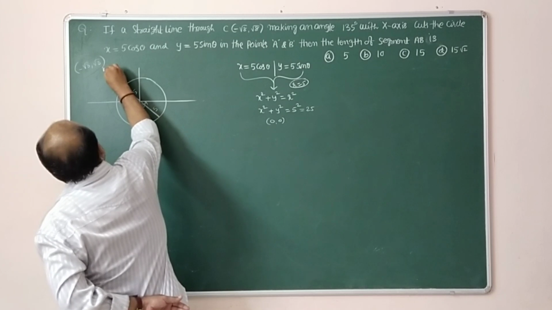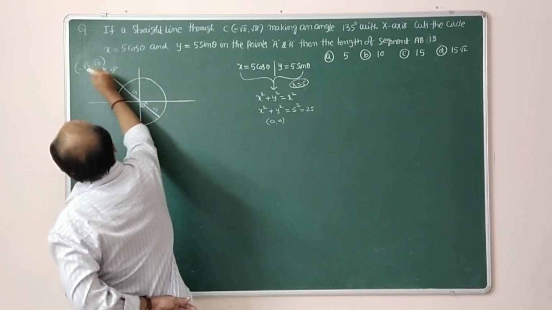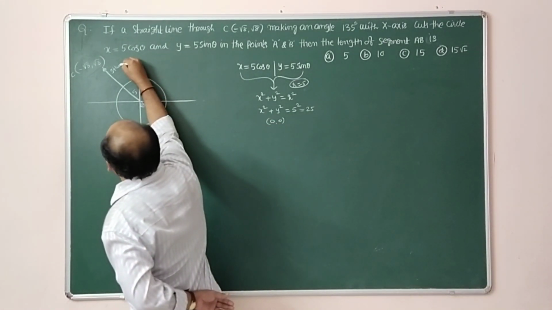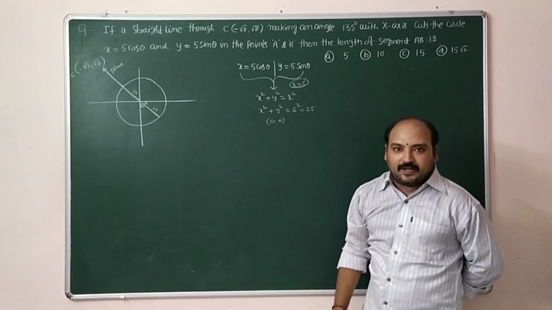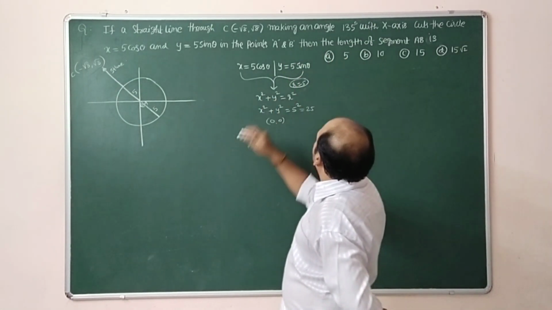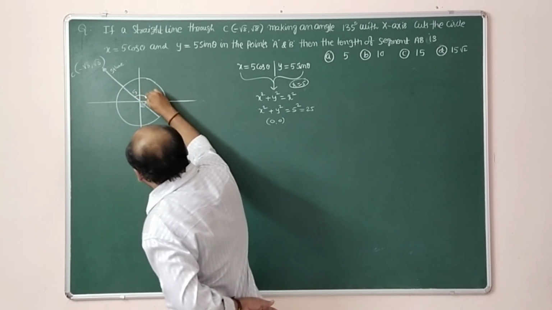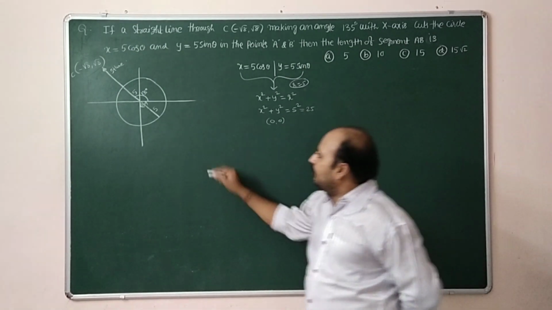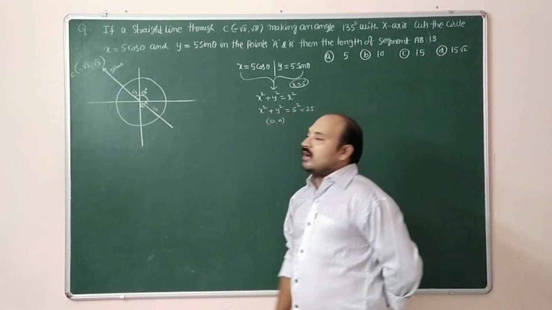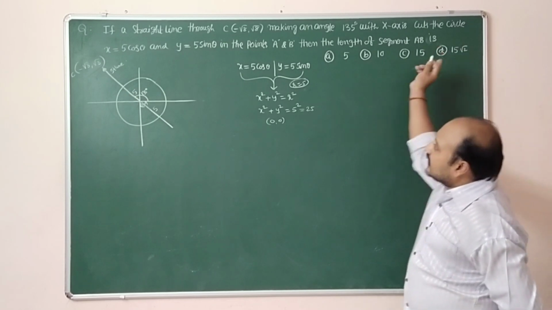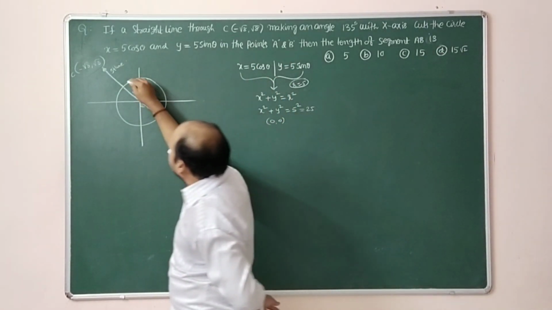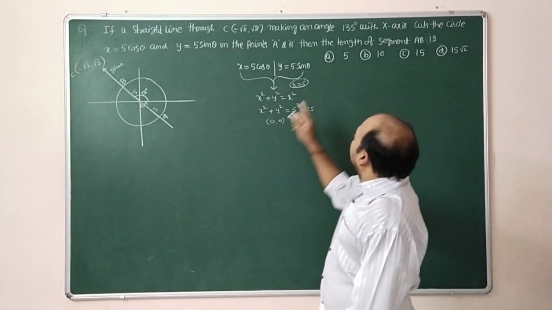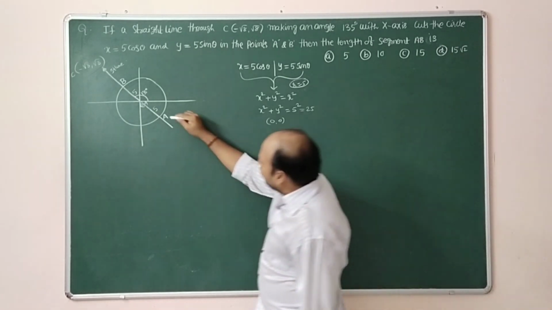This is a straight line. They are saying, if a straight line passing through the point (-√8, √8) makes an angle of 135 degrees with the x-axis, from here to here 90 plus 45, 135 degrees, and cuts the circle in the points A and B. Here I am taking point B, and here point A. Then the length of segment AB, from here to here.